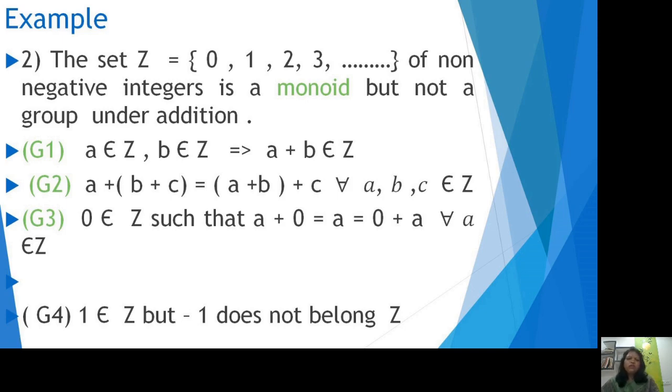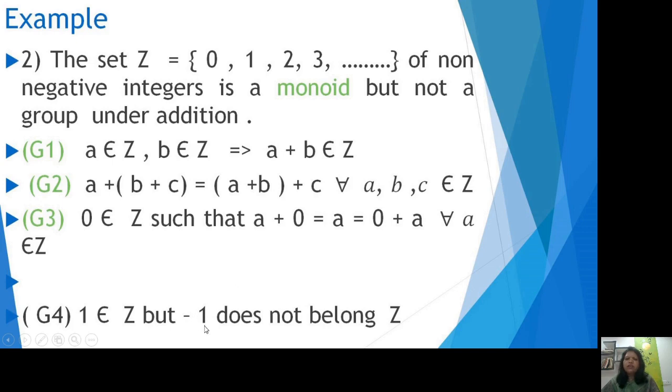We know that the additive inverse is the opposite sign element. So if we take 1, then there is the number minus 1 such that when we add plus 1 and minus 1 it gives the identity element 0.